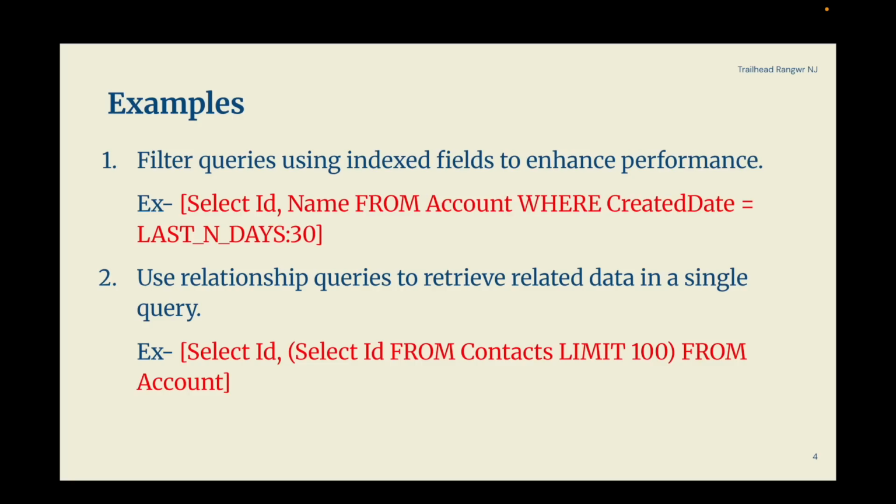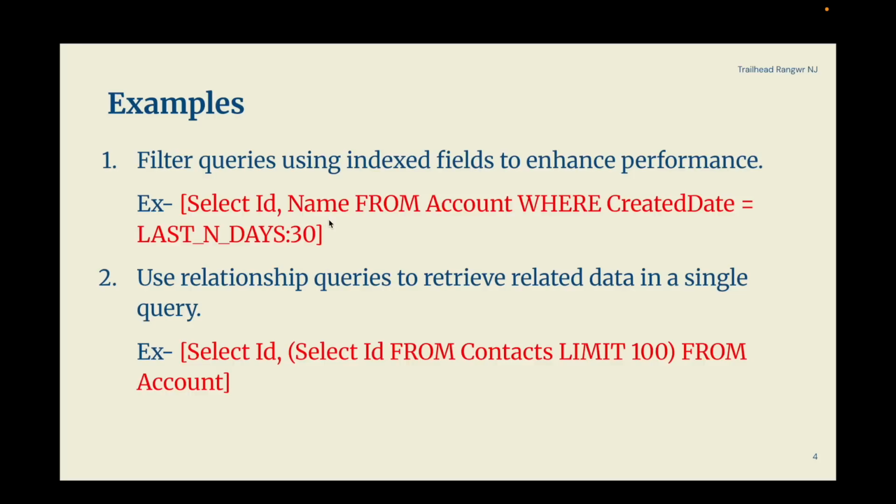So now we'll go through some of the examples. If we want to filter our queries using the index fields to enhance performance, how shall we do it? There is an example: SELECT Id, Name FROM Account WHERE CreatedDate = LAST_N_DAYS:30. This is the date literal I have talked about. This is the Salesforce inbuilt date literal.